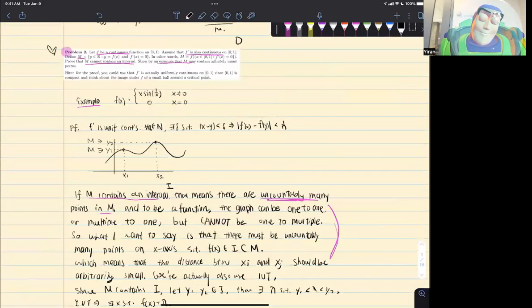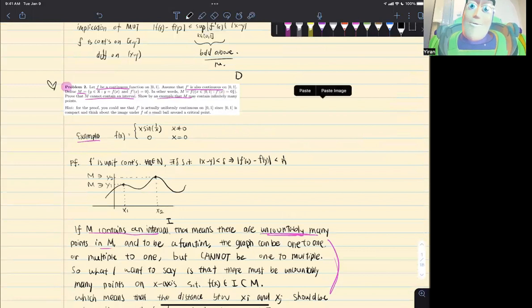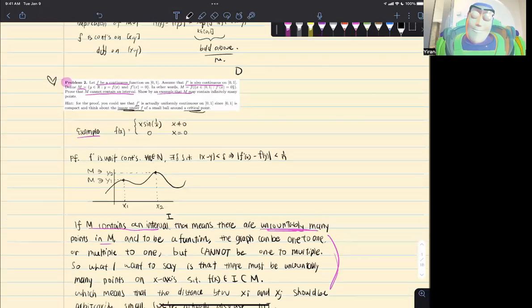Recall that we are given a hint, and the hint tells us to utilize the condition that f prime is uniformly continuous, and think about the image under f of a small ball around a critical point. So let's do that.